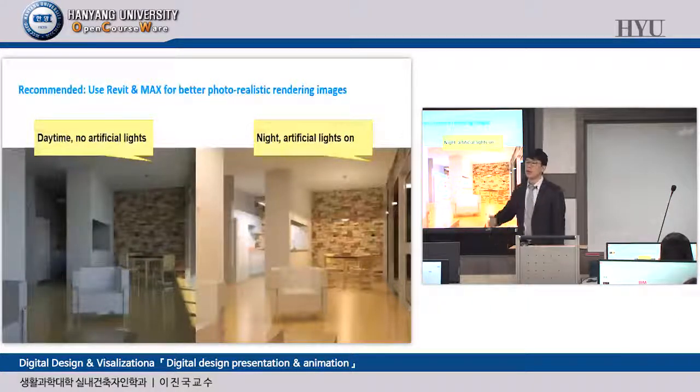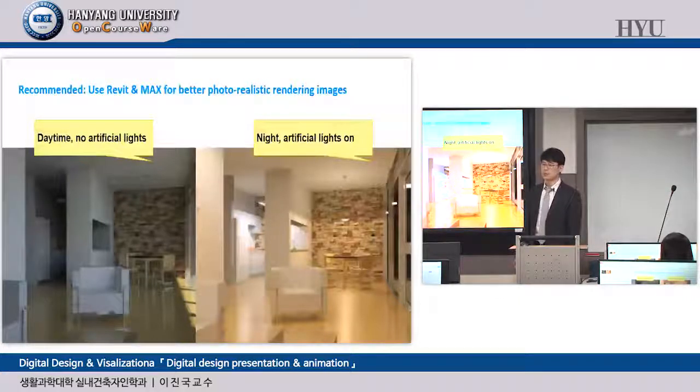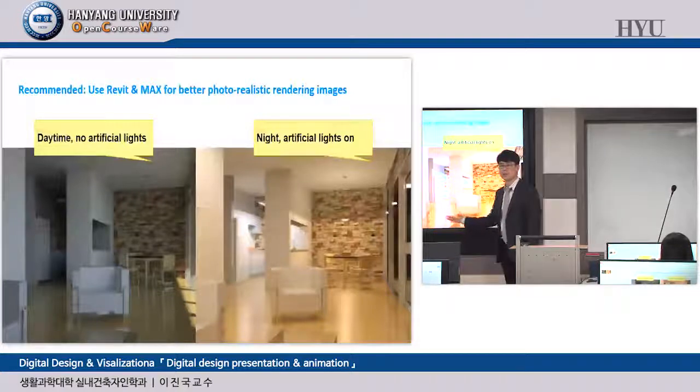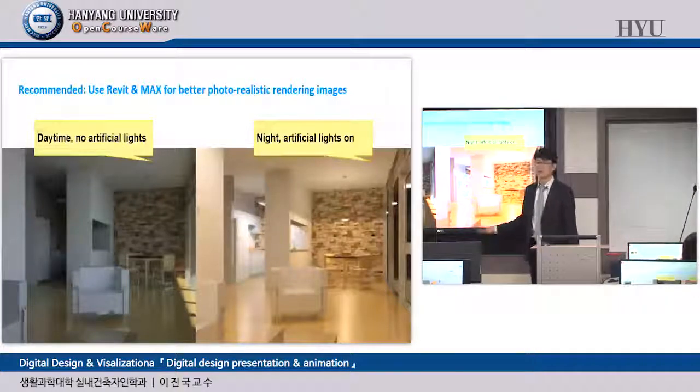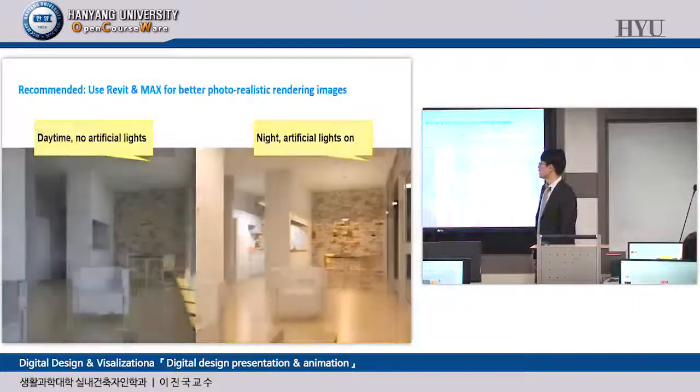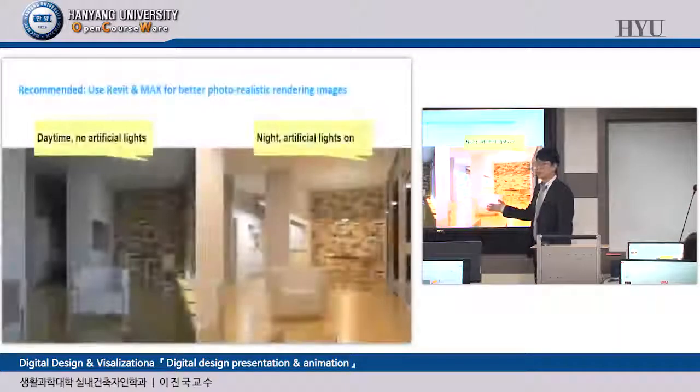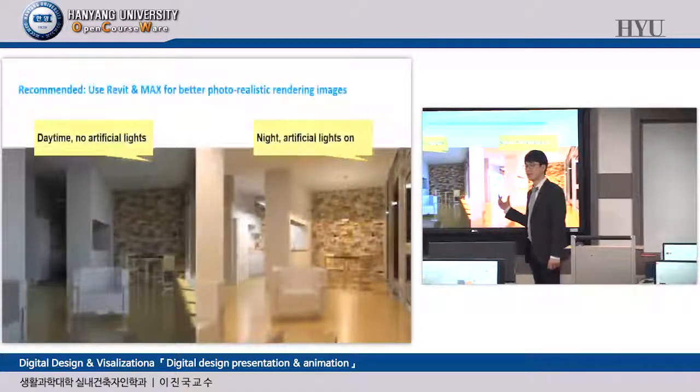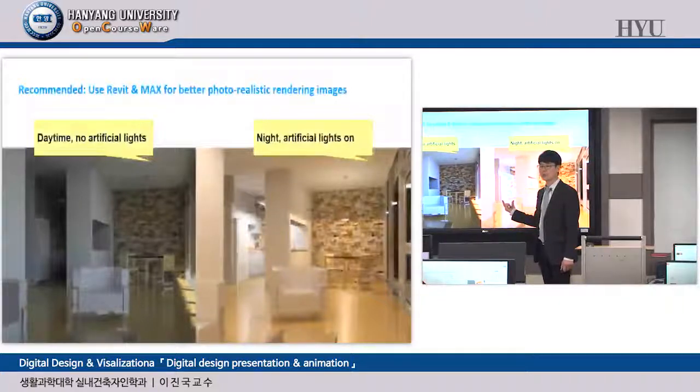Okay, so using 3D Max and Revit is much better than 3D Max and SketchUp or any other tools, AutoCAD or something. Okay, this is another reason, exactly the same as the course topic this semester, digital design and visualization.